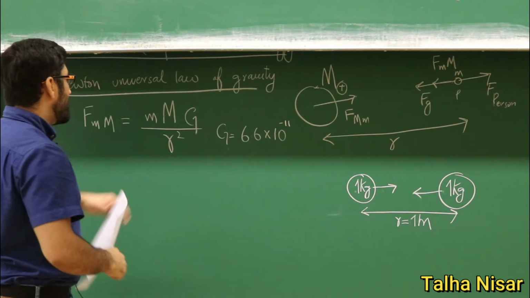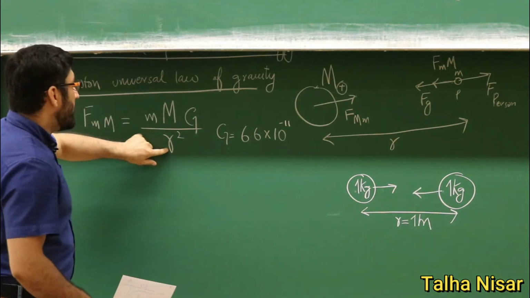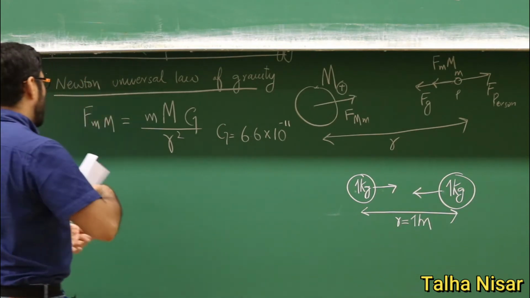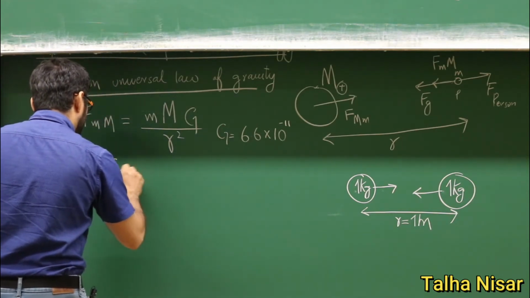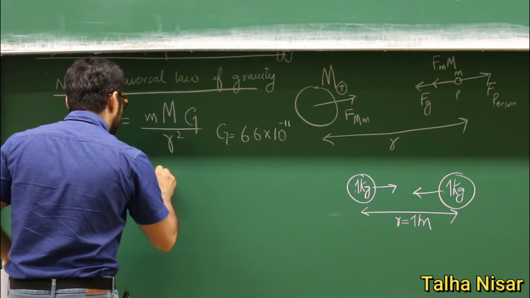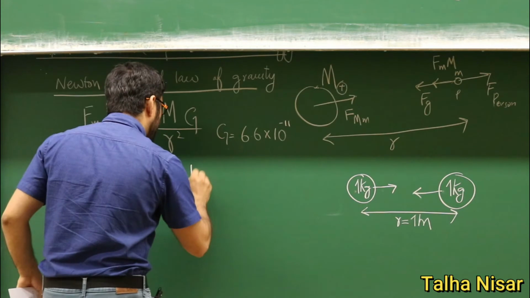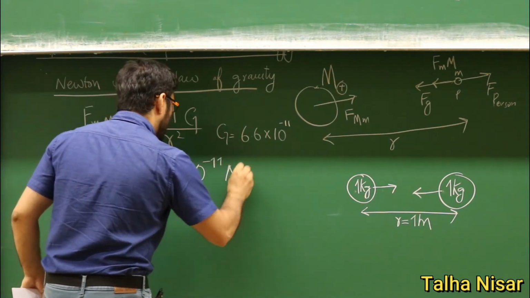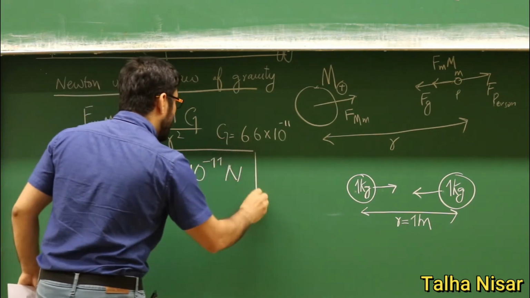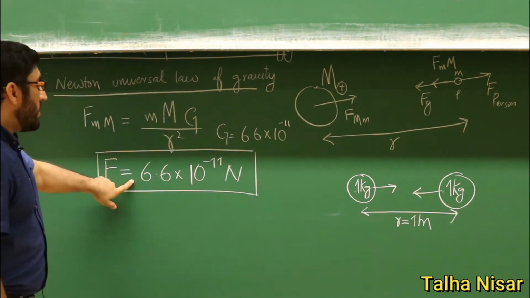If we calculate using this formula, we have 1 and 1 here. Putting these values in, the gravitational force is equal to 6.67 times 10 raised to power minus 11 newtons. So this force is extremely small.